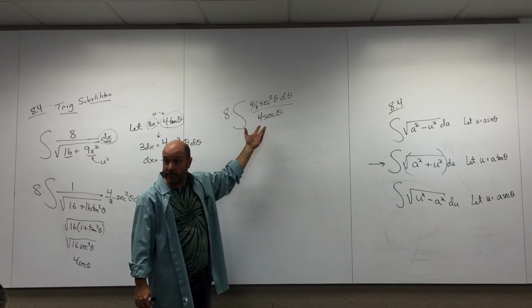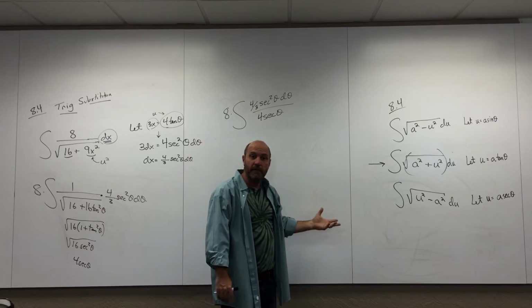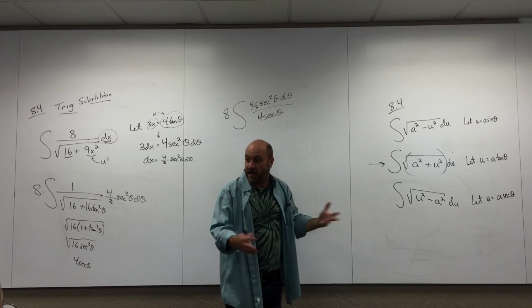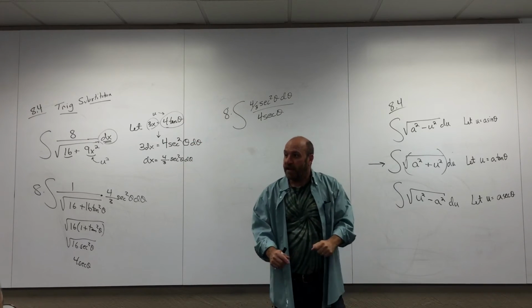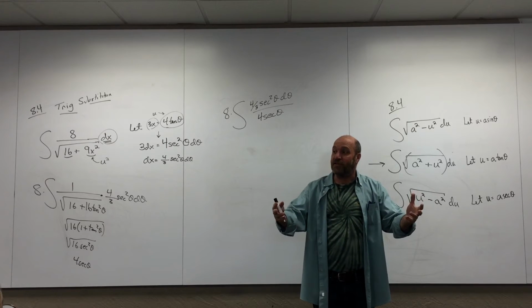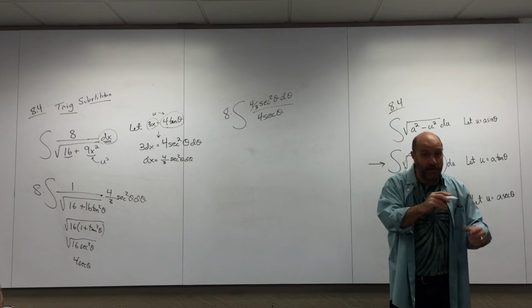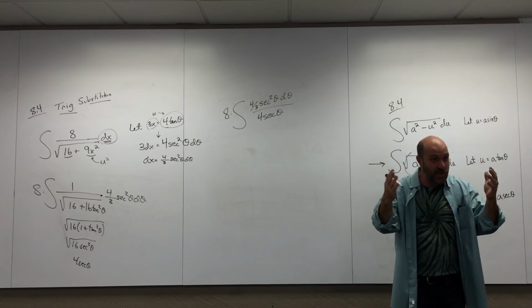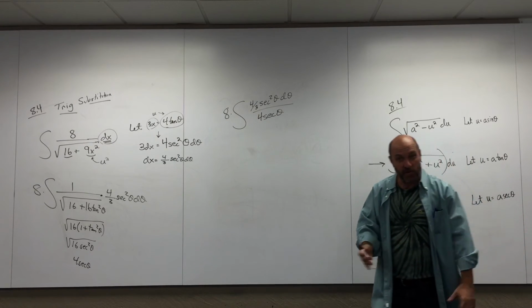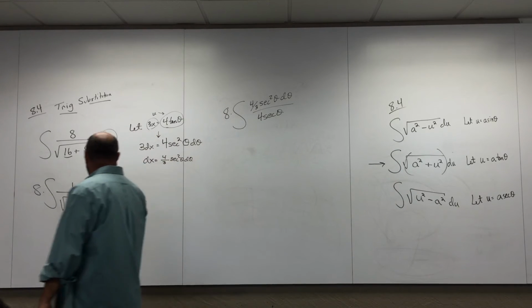Can you integrate it? Good luck. And then it's integrated. We'll do that in a minute. And then stage 3 is, now we have to turn the answer back into x's. And maybe I have to draw a triangle. So there are these 3 major stages of doing these problems. I kind of think of it like that.